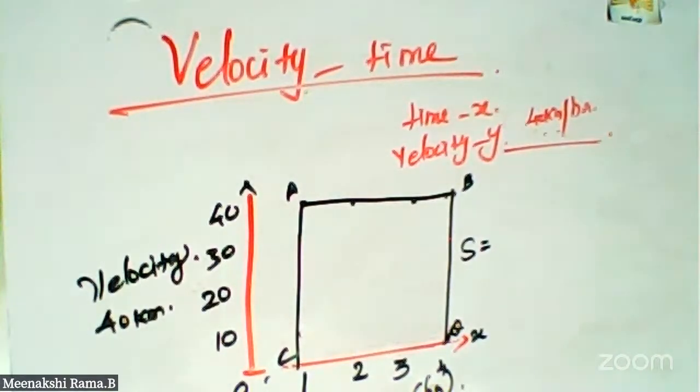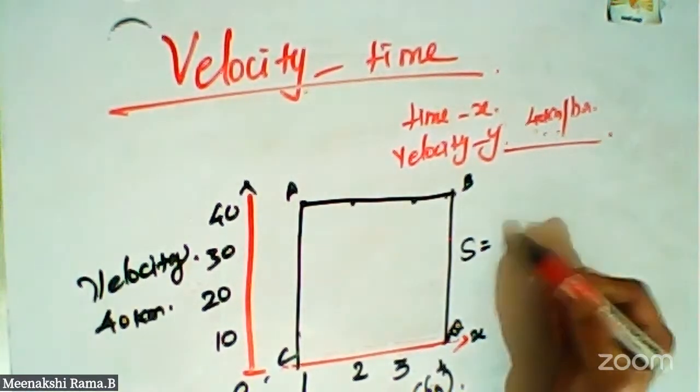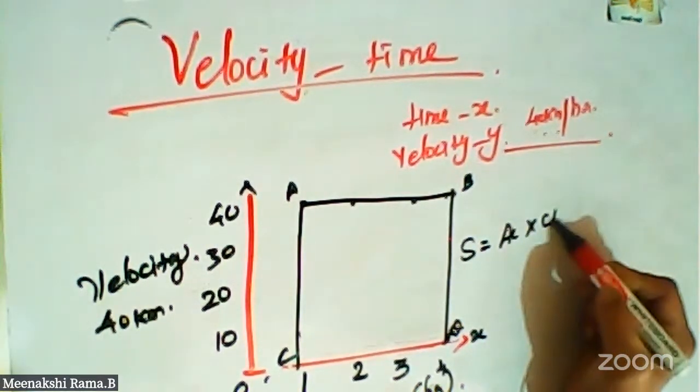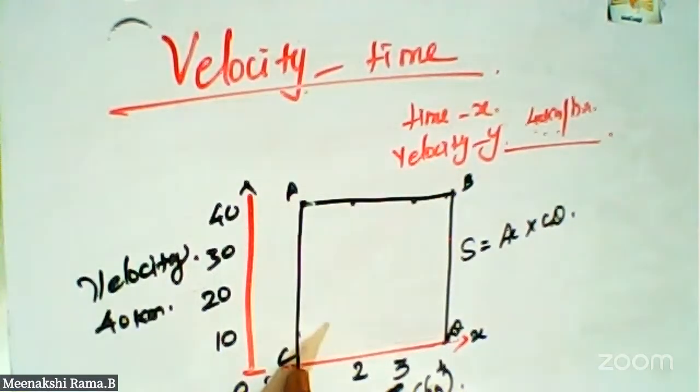So AC multiplied by CD. To calculate it, we multiply the AC data and the CD data.